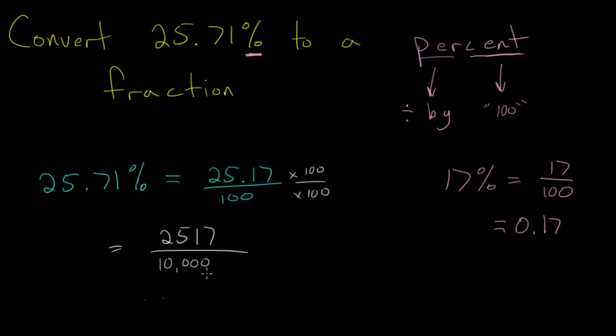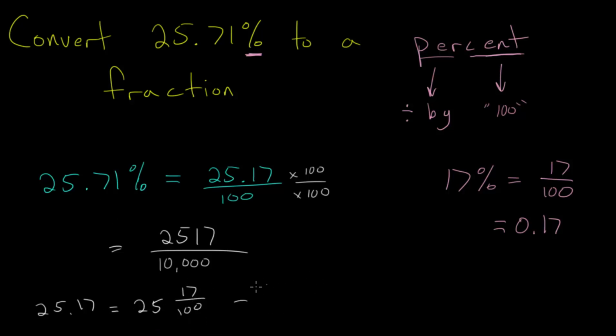2,517 10,000ths. Now, another approach is to rewrite 25.17 as a fraction first, and then divide that by 100. 25.17 is 25 and 17 hundredths, or 25 and 17 over 100, so we can add these together. When you have mixed numbers, you're essentially just adding the fractional part to the whole number part.